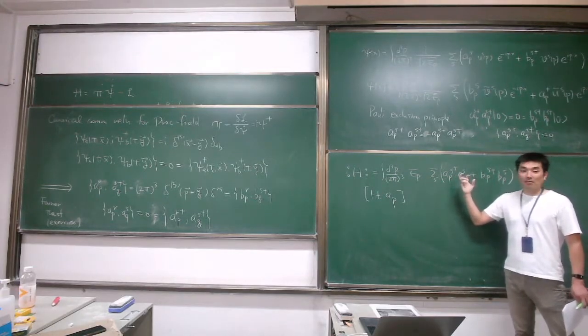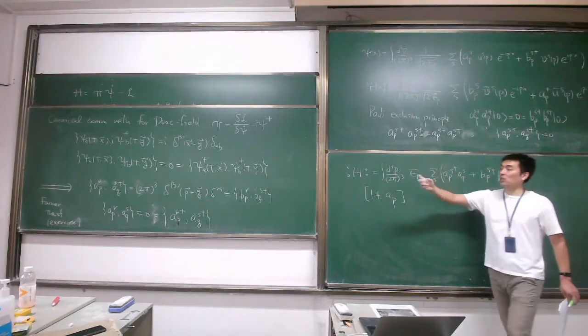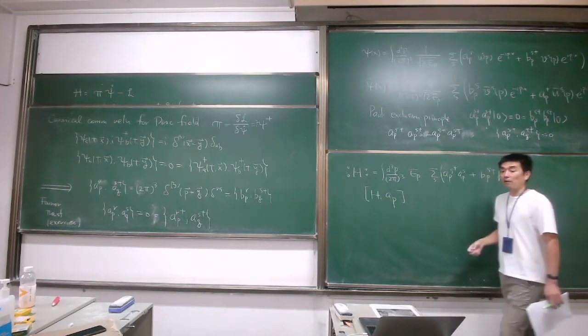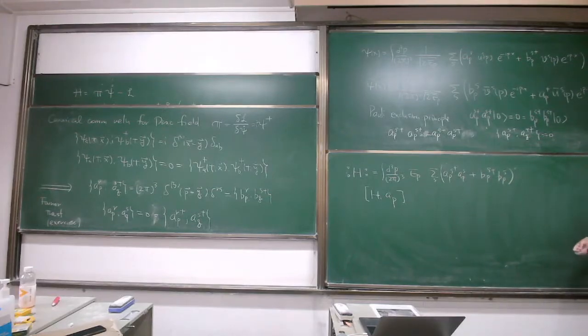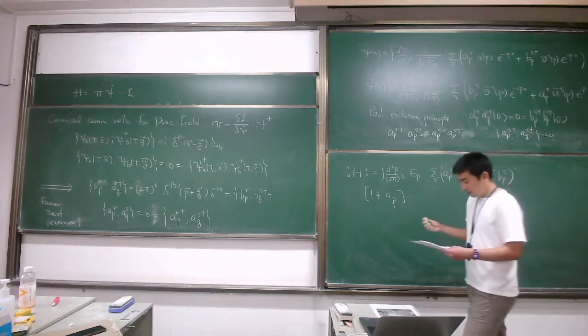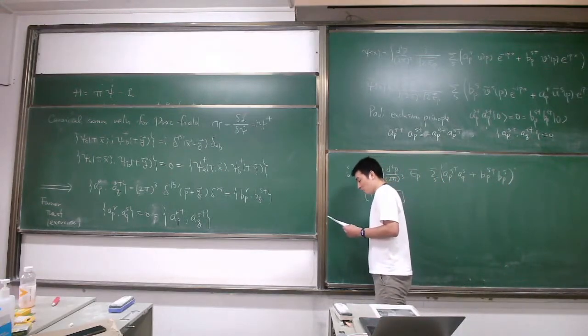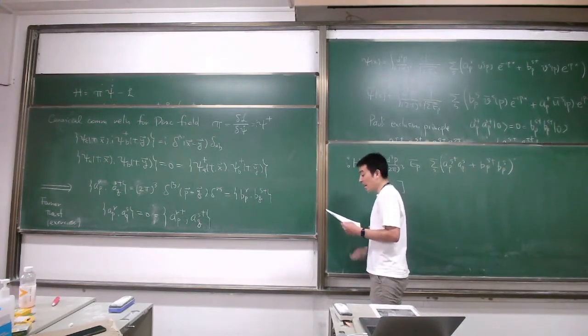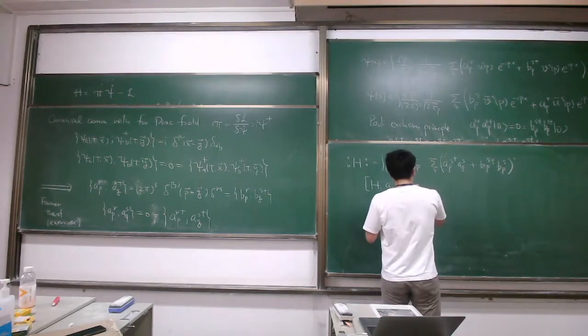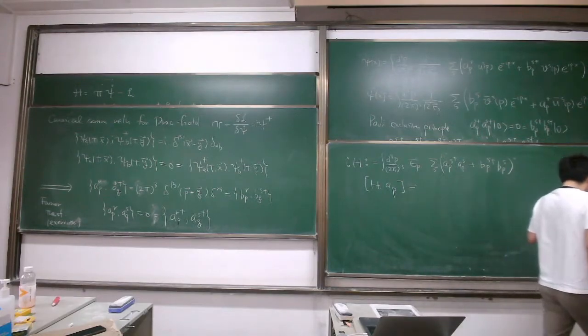However, if you have two fermionic operators, it becomes a bosonic operator. So you have to impose the commutation relation between them. Actually, it's not imposed, but it's natural to consider the commutation relation here.